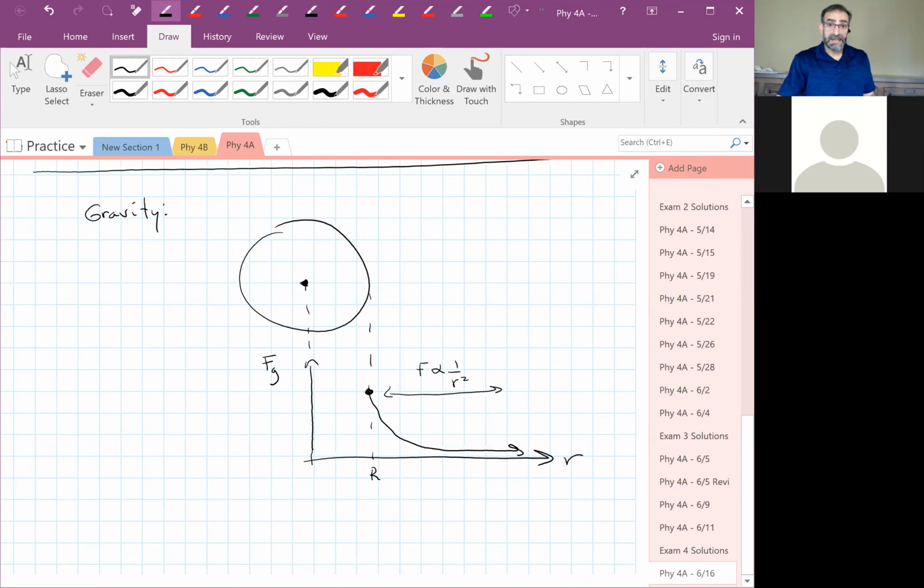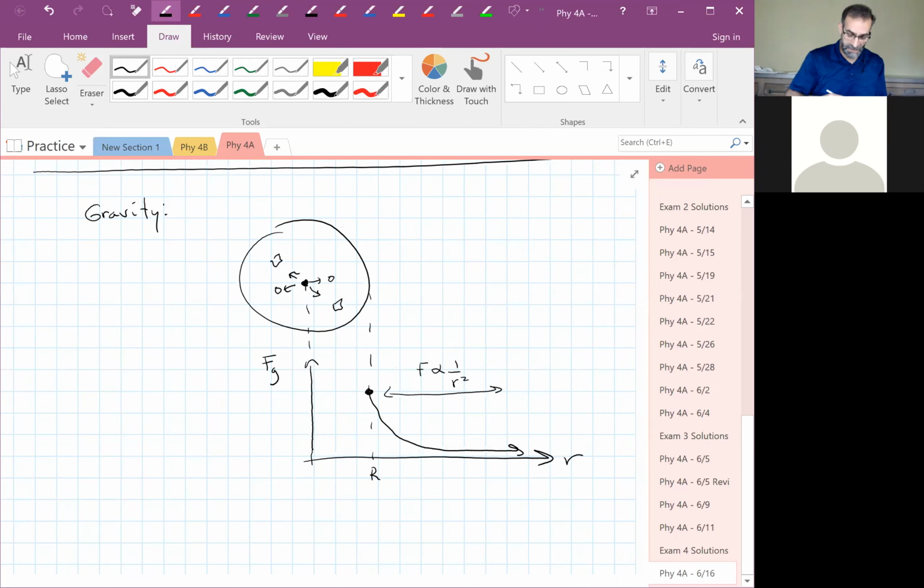It would be 0, because there's a little chunk of mass over here pulling on it this way, and there's an equal little chunk over there pulling it that way. For every chunk pulling it in one direction, there's an equal chunk on the other side pulling it the other way, and they all cancel out.